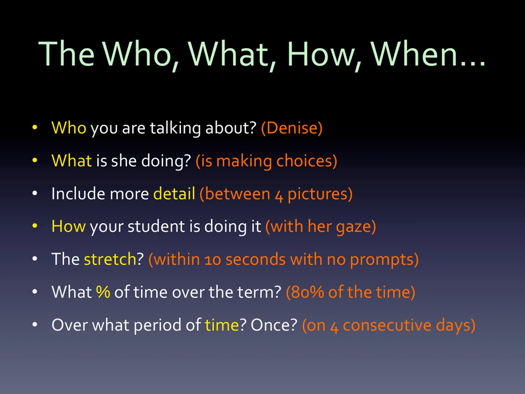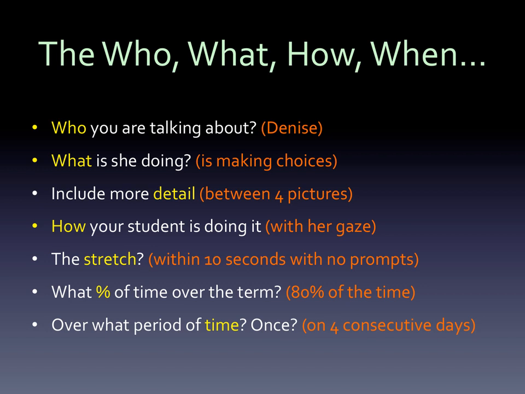Now, after doing our baseline data assessment, we determine what the stretch is for our student in this particular objective. In this case, perhaps it involves time and prompts, within 10 seconds with no prompts. Now we need our measurement for success, 80% of the time. Now we ask, will this demonstrate mastery on just 1 day?